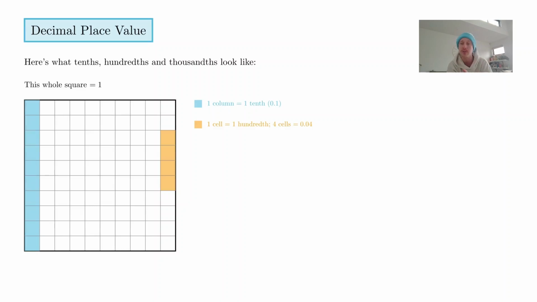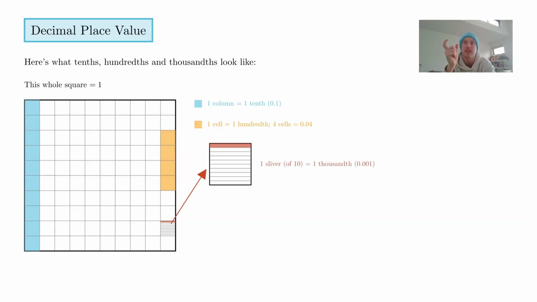I encourage you to pause and think, how are we going to represent 1/1000th on here? And hopefully you realize that if we were to take one of these hundredth squares and then break that up into tenths, that one little sliver, sorry, I should say 1/10th of 1/100th, is 1/1000th. So that tiny little bit in red there would be 1/1000th if that whole square is one whole.